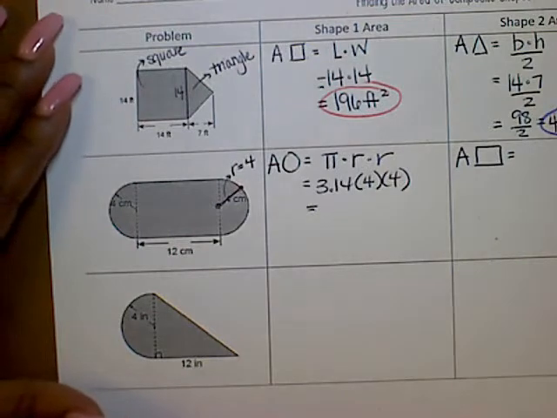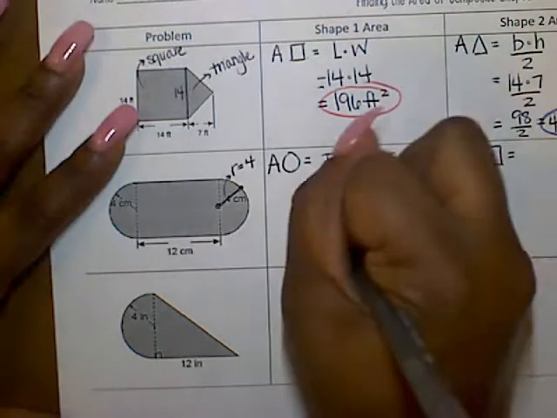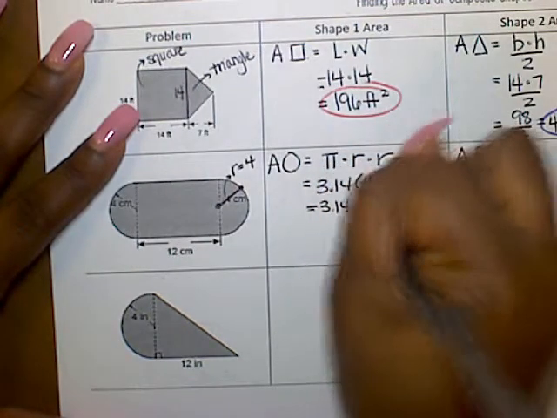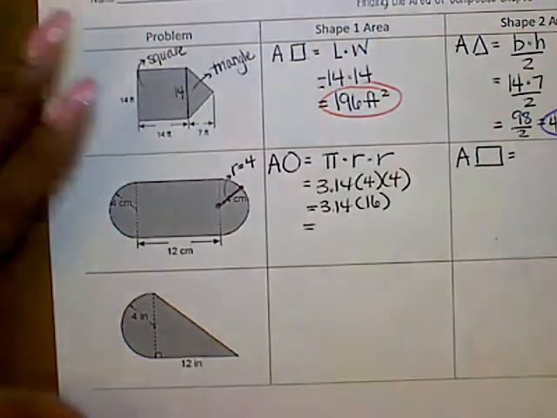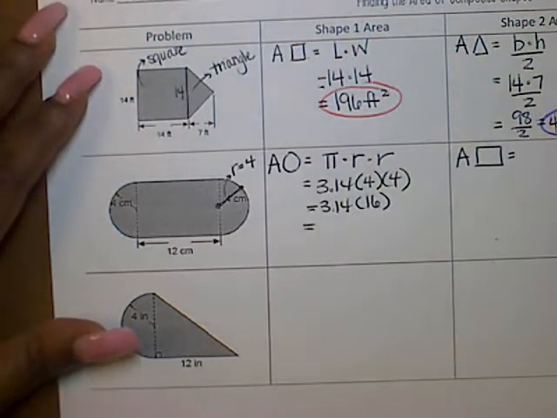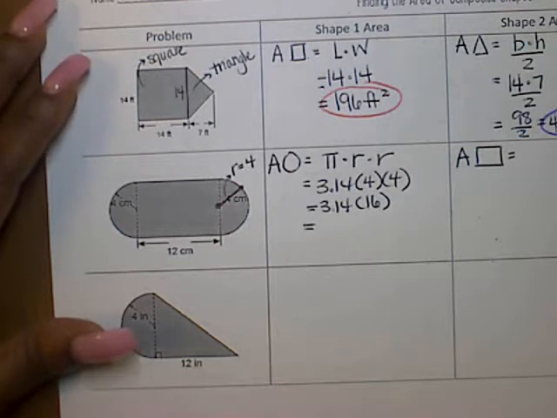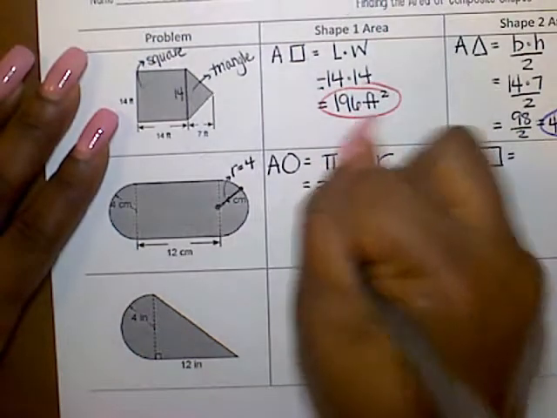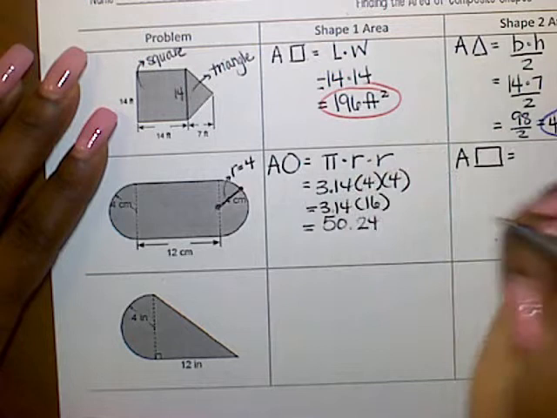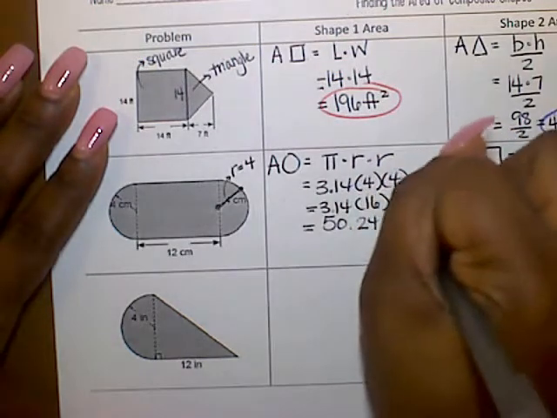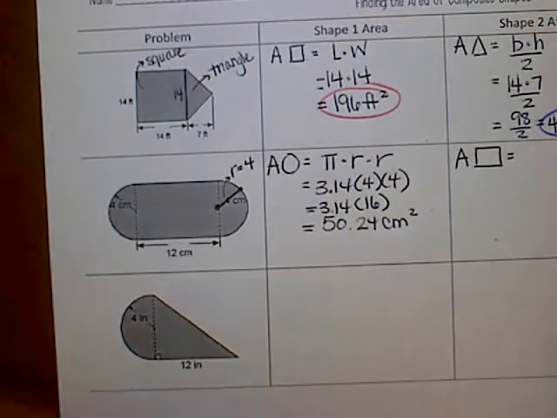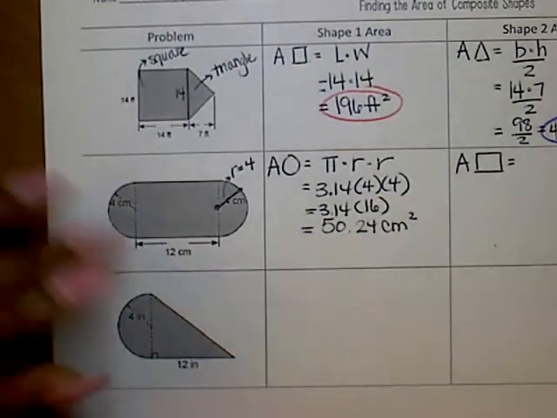I'm going to go ahead and do my 4 times 4 already, so I'm doing 3.14 times 16. You'll do that in a calculator, 3.14 times 16, and that gives me 50.24. Again, our units are centimeters squared. So this is going to be our first area.